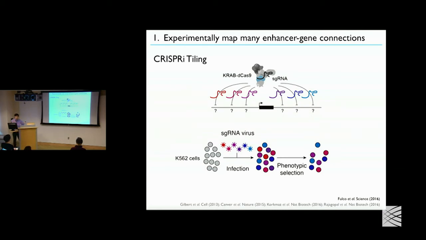And so the particular format that this experiment takes is that we're going to pick a single gene and we're going to tile guide RNAs around, say, every possible site around this gene over some expanse of the genome. And we can actually do, say, hundreds of thousands of different guide RNAs in the same experiment, in the same pot.